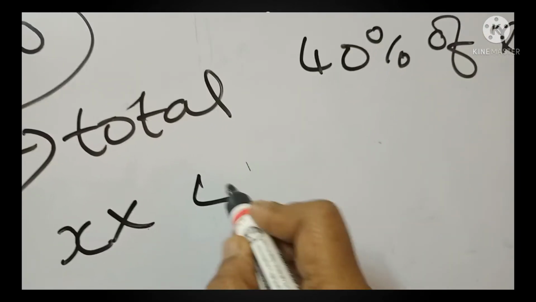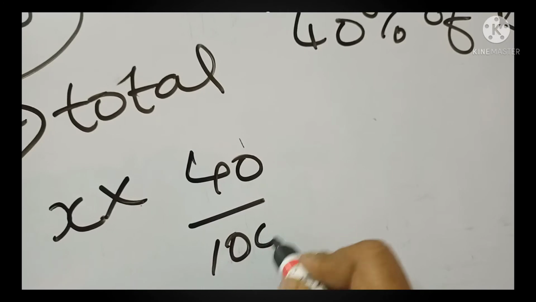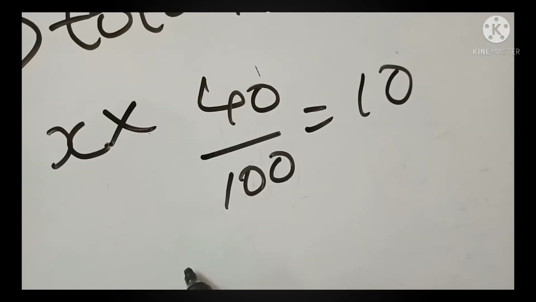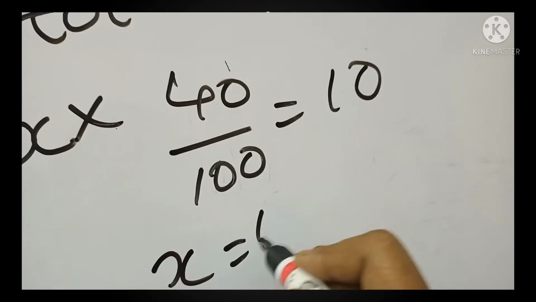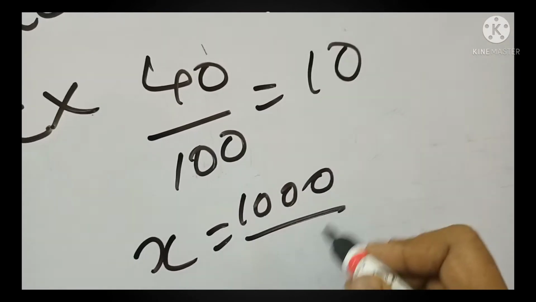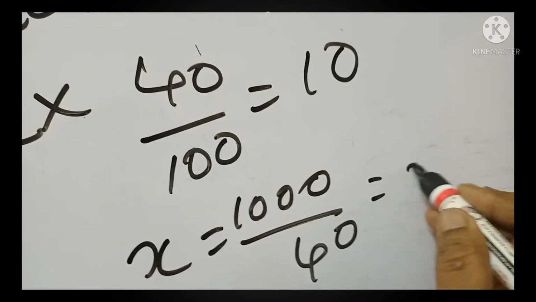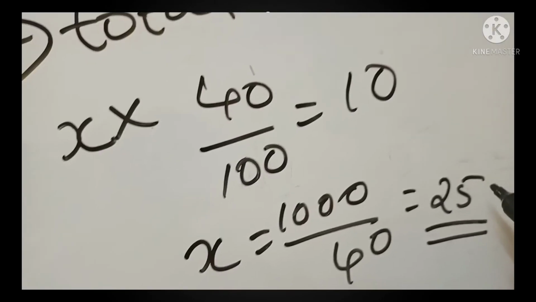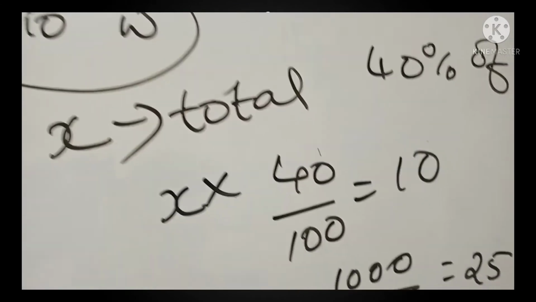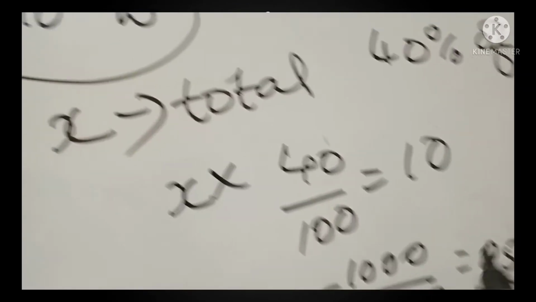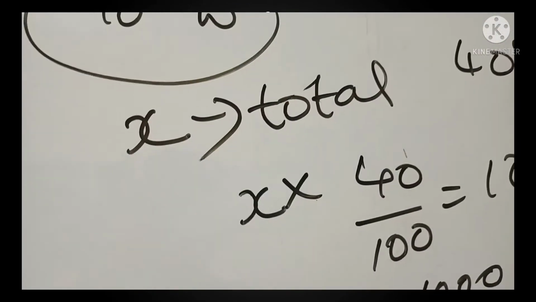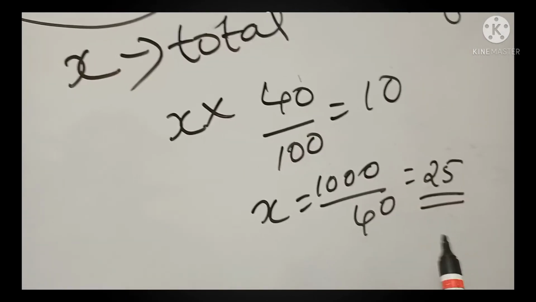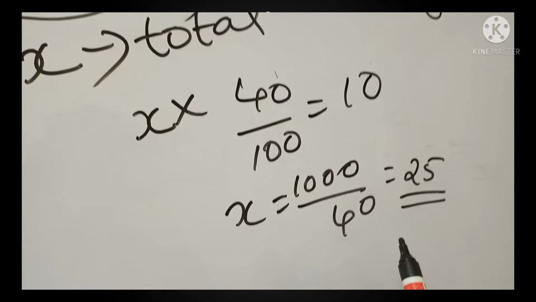So x into 40 by 100 is equal to 10. Then x is 1000 by 40, that is 25. So the total matches they played is 25. They won 10, the remaining 15.